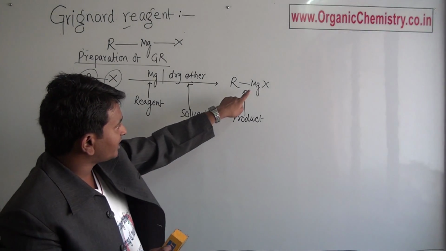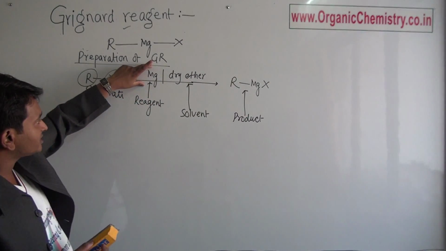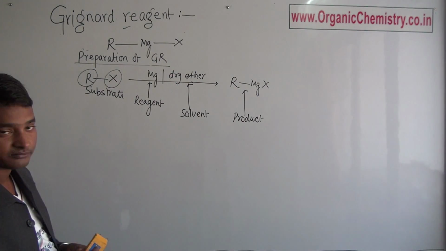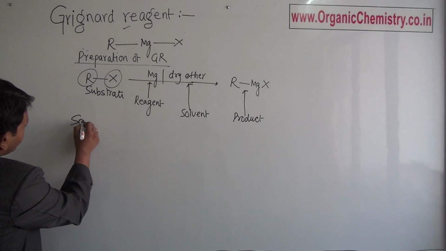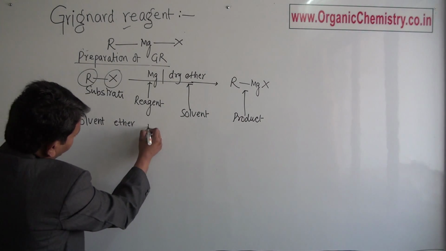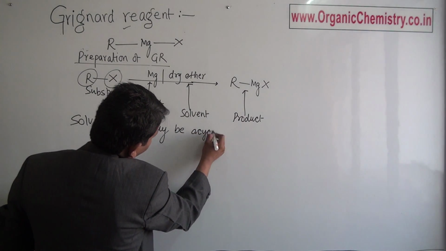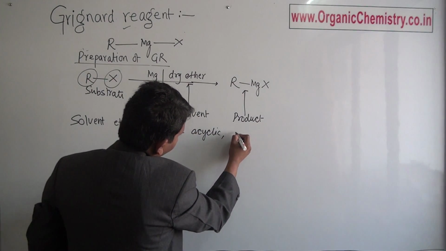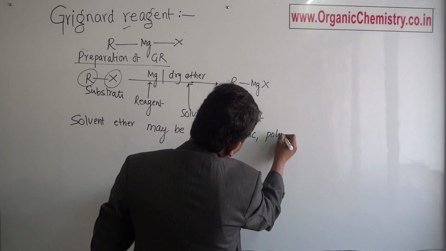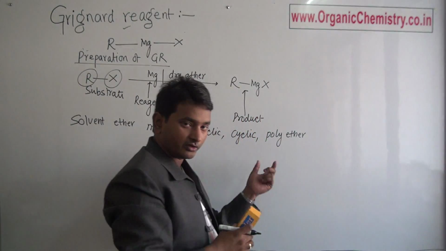Now, as we require magnesium in RMgX, this magnesium must be present. We can change the solvent ether. The solvent ether may be acyclic, may be cyclic, may be polyether, whether cyclic or acyclic.